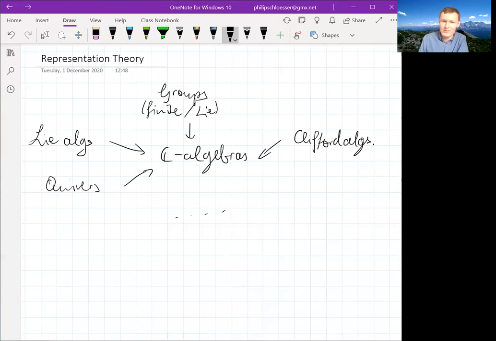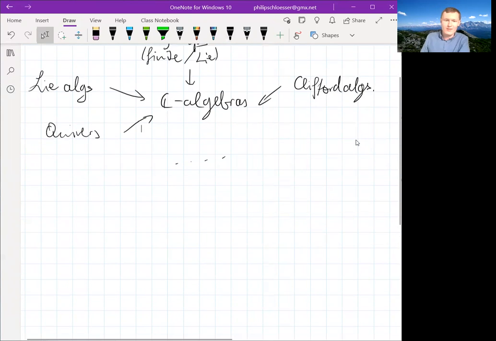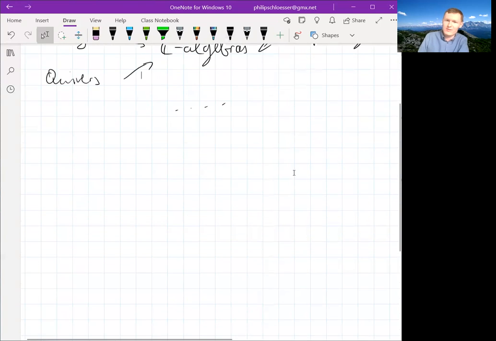Because Clifford algebras are associative algebras, so that's nice. Groups can have an algebra associated with them. Lie algebras and quivers can all be formulated in terms of algebras.